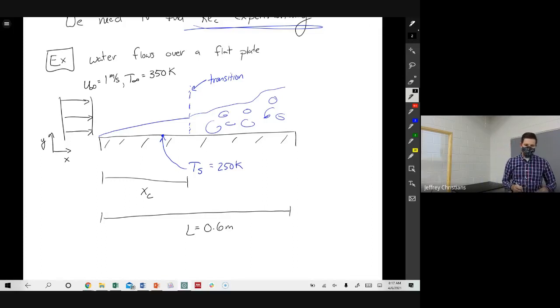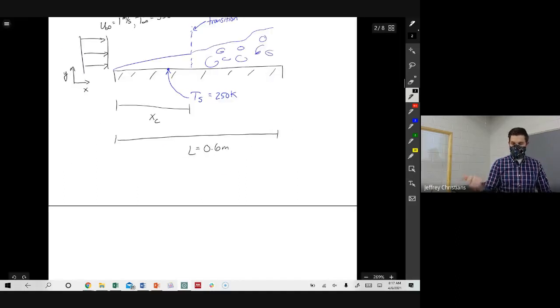So our first step is to figure out: do we stay laminar the whole time, or do we have a transition somewhere along this 0.6 meters? And where would that be? We have to look at the specific geometry of the system and ask where the transition occurs.